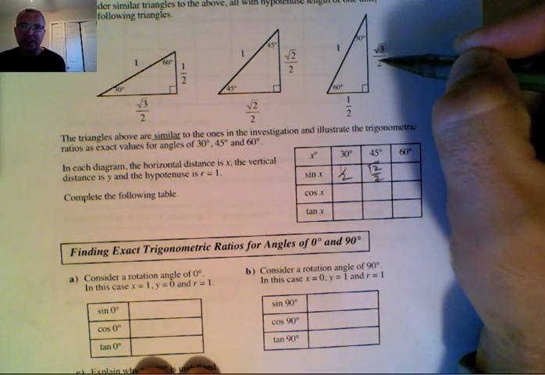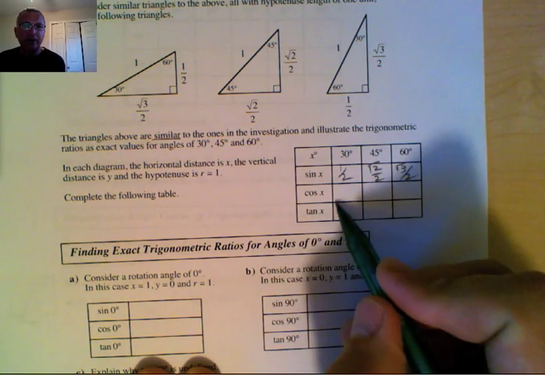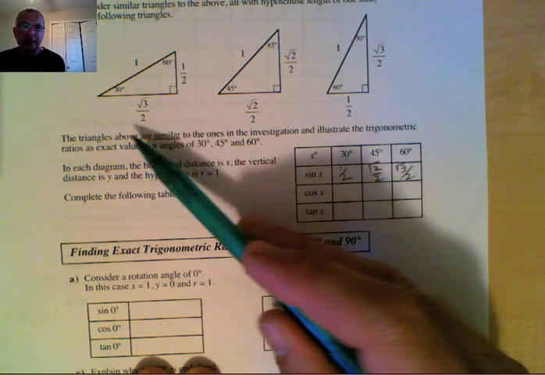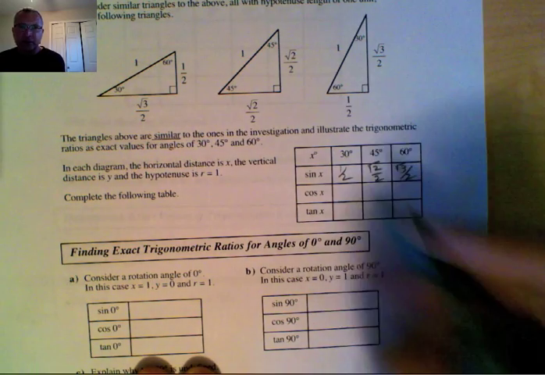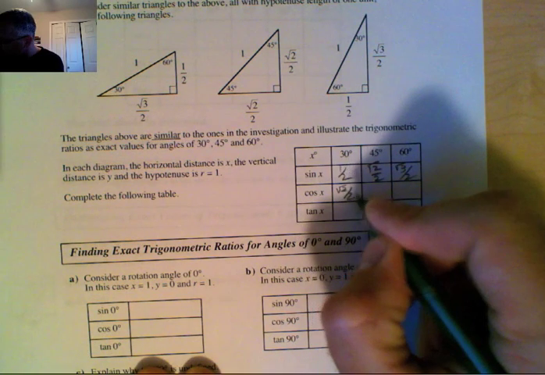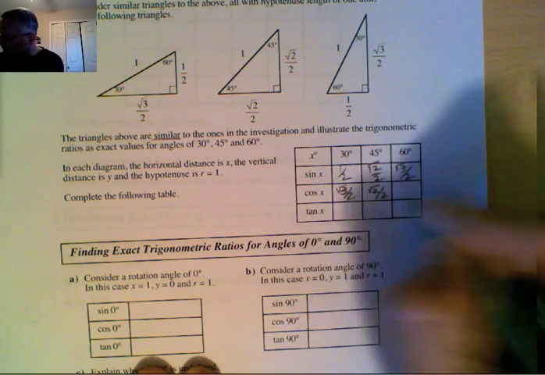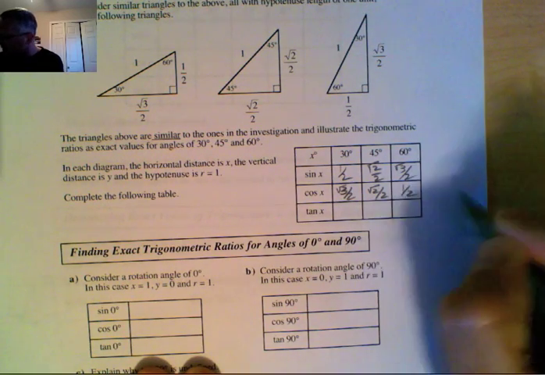And the sine of 60 is √3 over 2. If we go back to cosine, cosine is all of our x quantities. So the cosine of 30 is √3 over 2. The cosine of 45 is √2 over 2. And the cosine of 60 is a half.